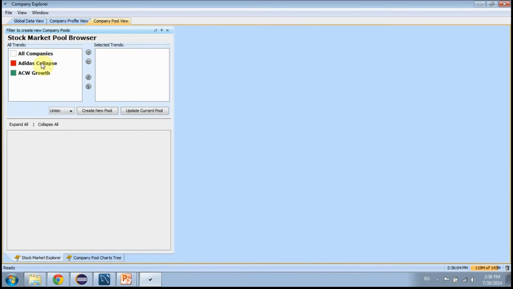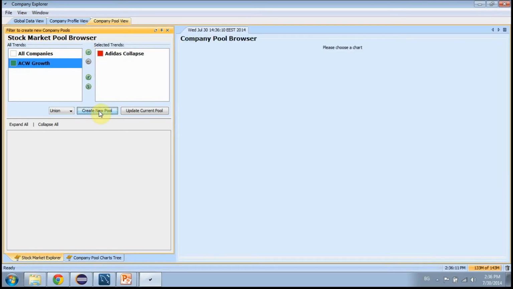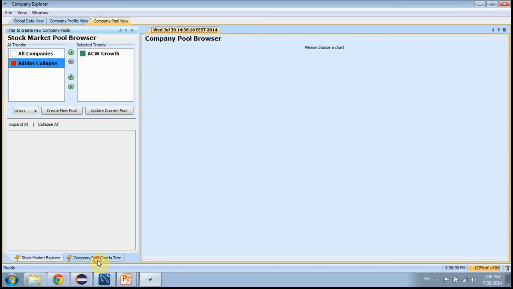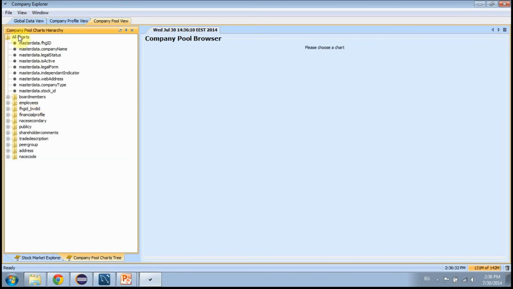I will create a company pool with all companies that had the Adidas collapse trend, and I would like to compare them with all companies that had the ACW growth trend and see if there are some similarities. Let's see the master data.